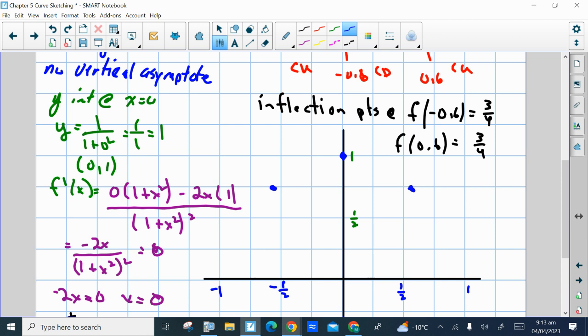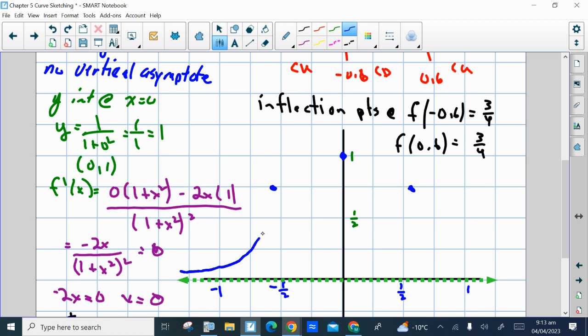Right? We said that the horizontal asymptote was the x-axis, so we can put that on there. And the graph is concave up in that first interval, plus we know that it's approaching that asymptote.